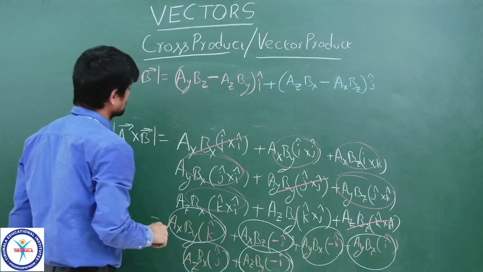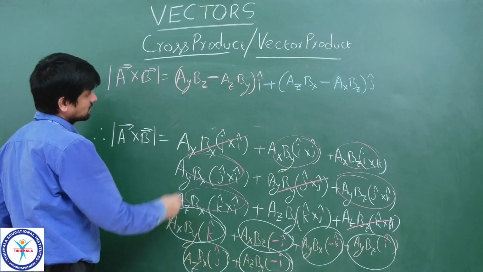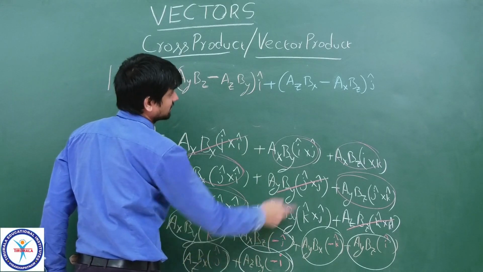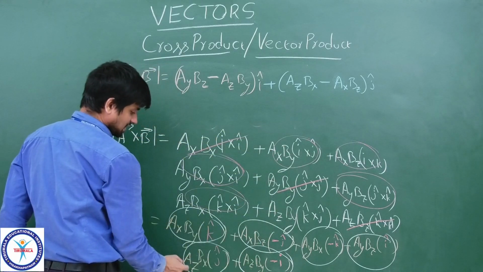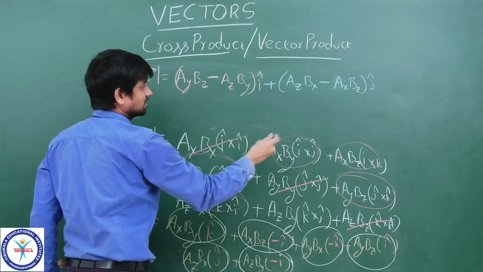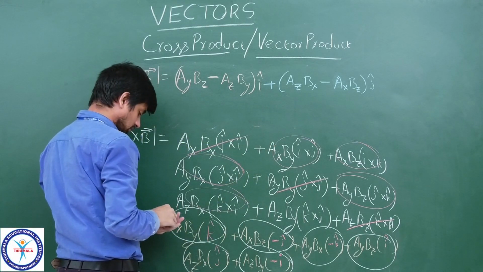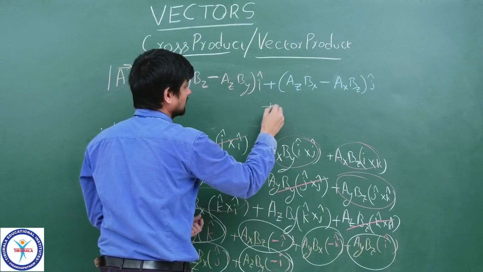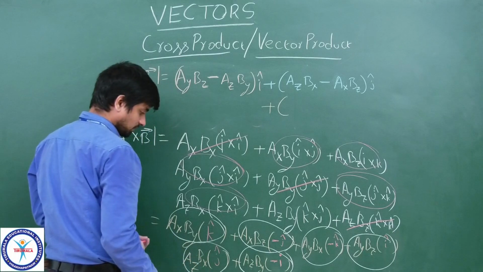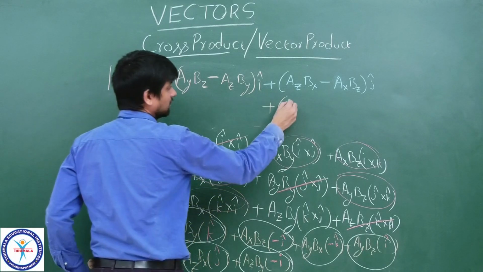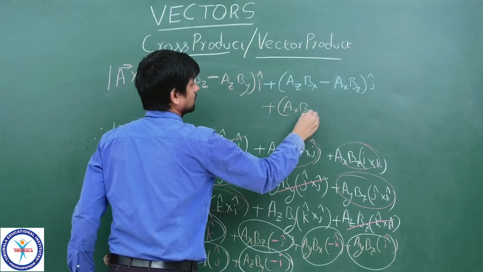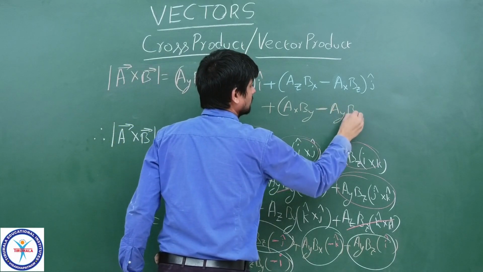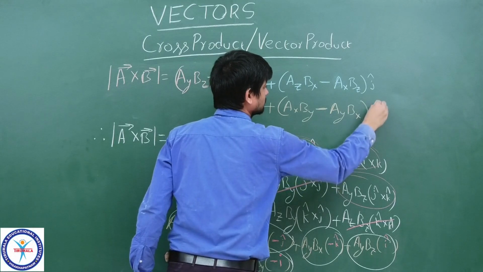See, you can see here ax bz, az bx. In the same way, the third one, I am writing here with this color. k terms: ax by minus ay bx into k.